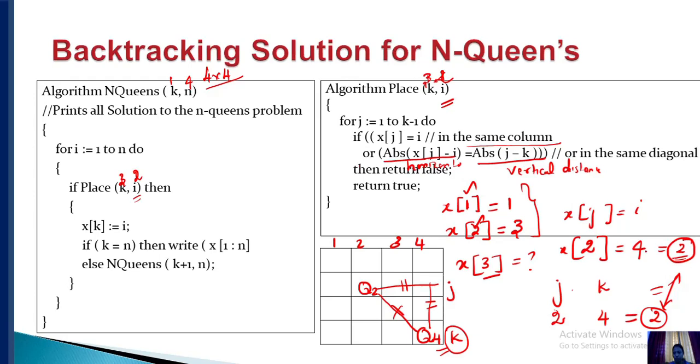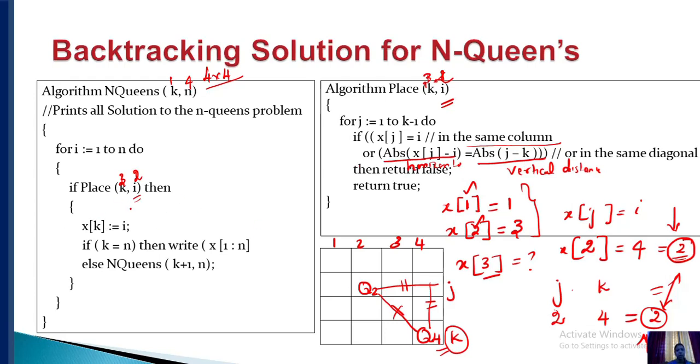If both are the same, then we know that queen number 2 and queen number 4 are placed diagonally and they will attack each other. So again it will return false. This position 4 is not suitable to place queen number 4, so it returns false.